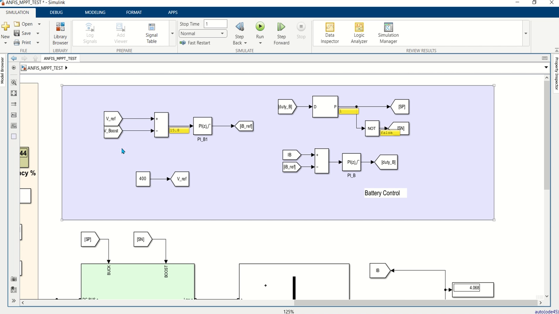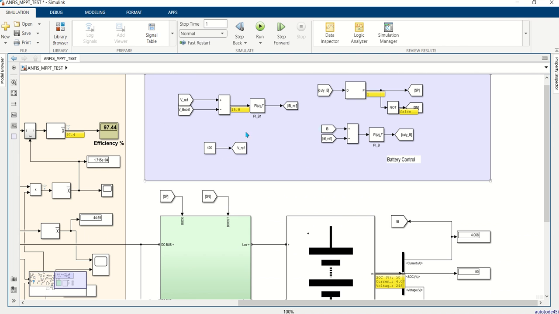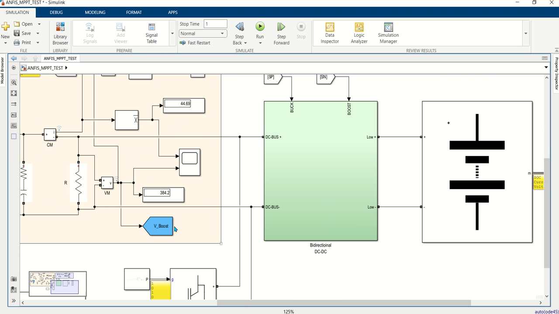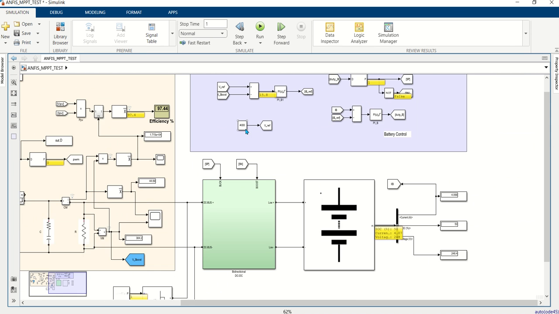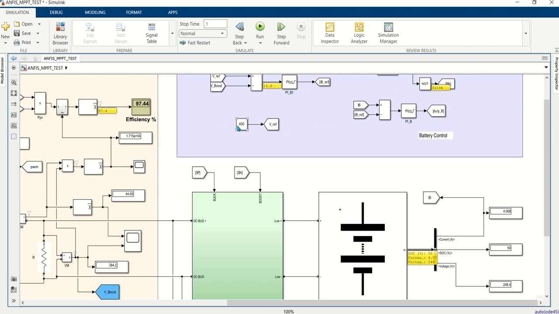So you can see the logic of the controller. It will generate two signals, one for charging, one for discharging. It uses the V boost voltage and compares it with the V reference that we give it, 400 watt.